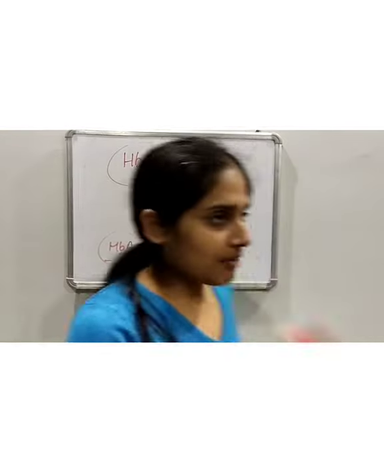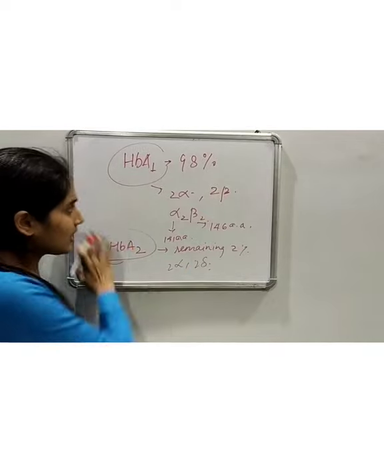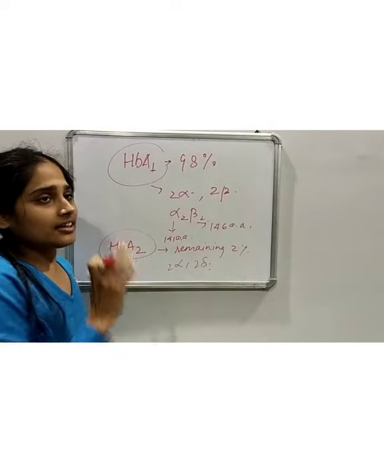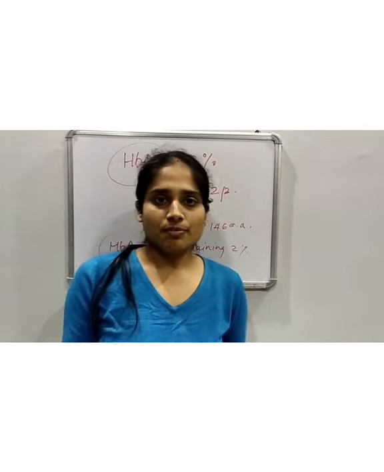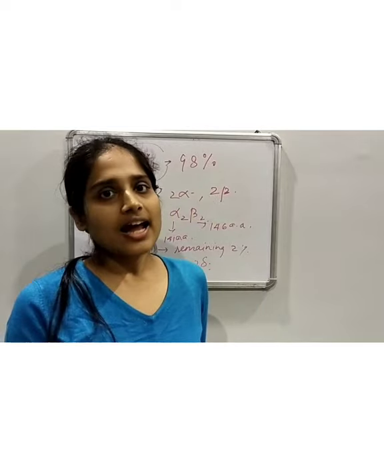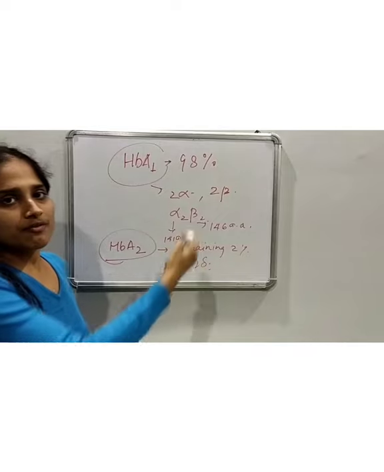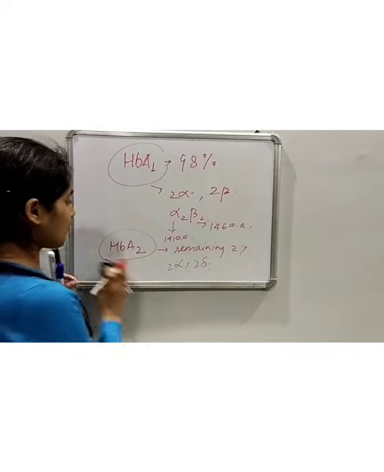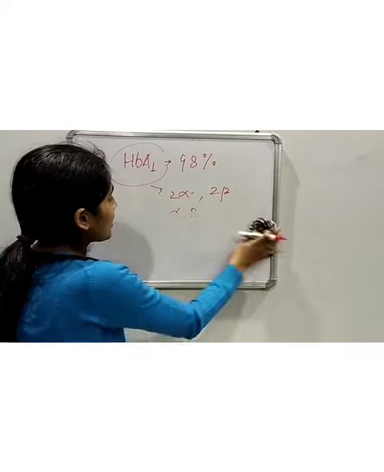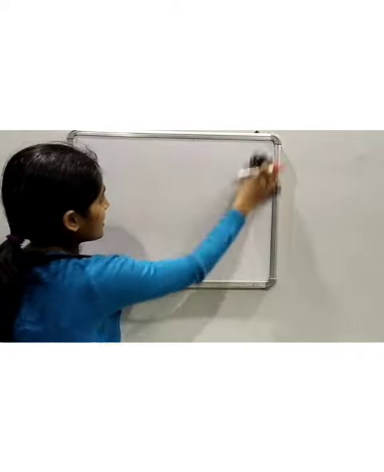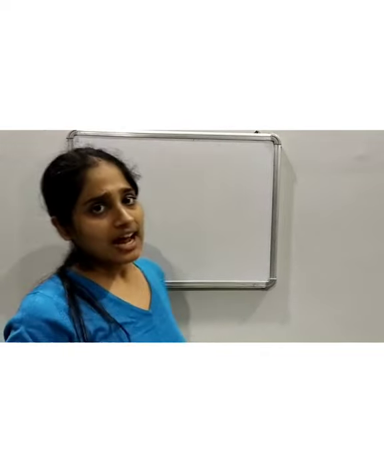Alright, so this is about adult hemoglobin, but the hemoglobin present during embryonic and fetal developmental stages is different from the ones found in the adult human body. During embryonic and fetal developmental stages, different sets of hemoglobins are present.